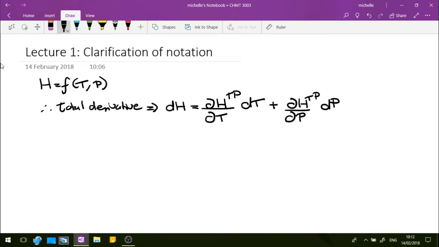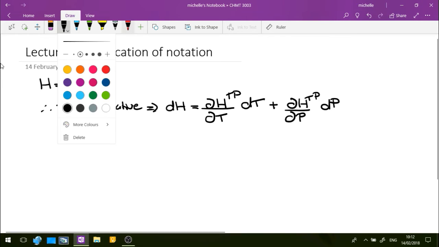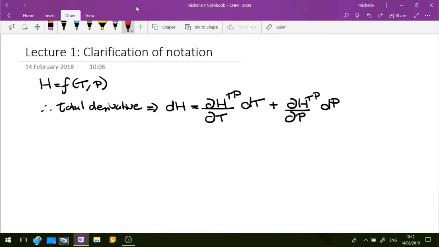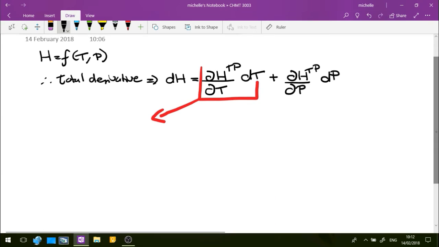Okay, so let us just look at the partial and zoom in. We want to zoom in on this specifically and understand it a bit more. I'm just looking at one, but it applies to the other ones. So say we just want to understand the notation.